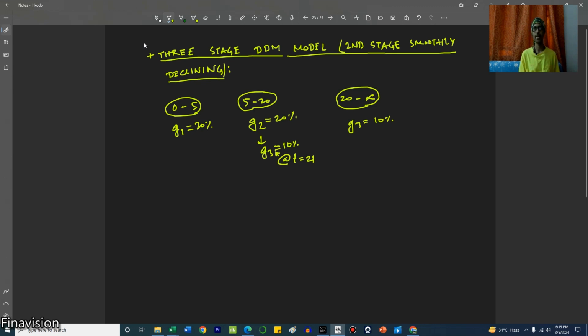Apart from that, let us assume that dividend at time 0 is $10 and the required rate of return is 12%. Okay. Now what we need to do is find out the valuation. Let's do that.